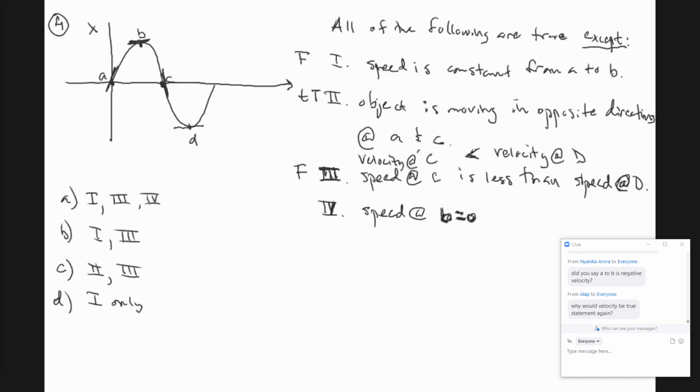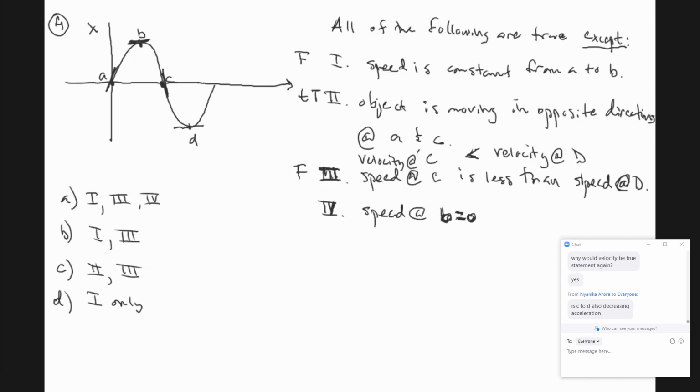So velocity takes into account the direction a lot. So at C, you have a negative velocity, right? So a negative number is less than 0, correct? There we go. Speed at B is equal to 0.